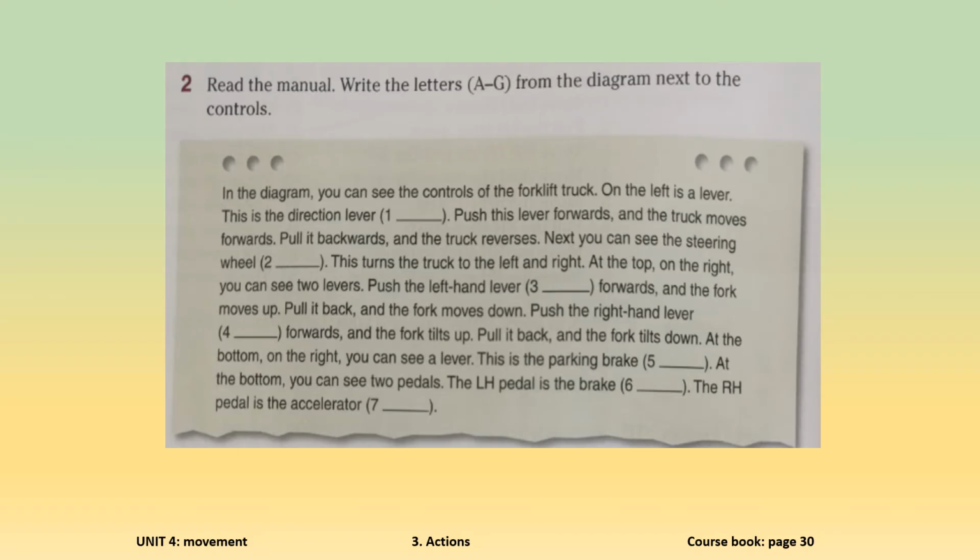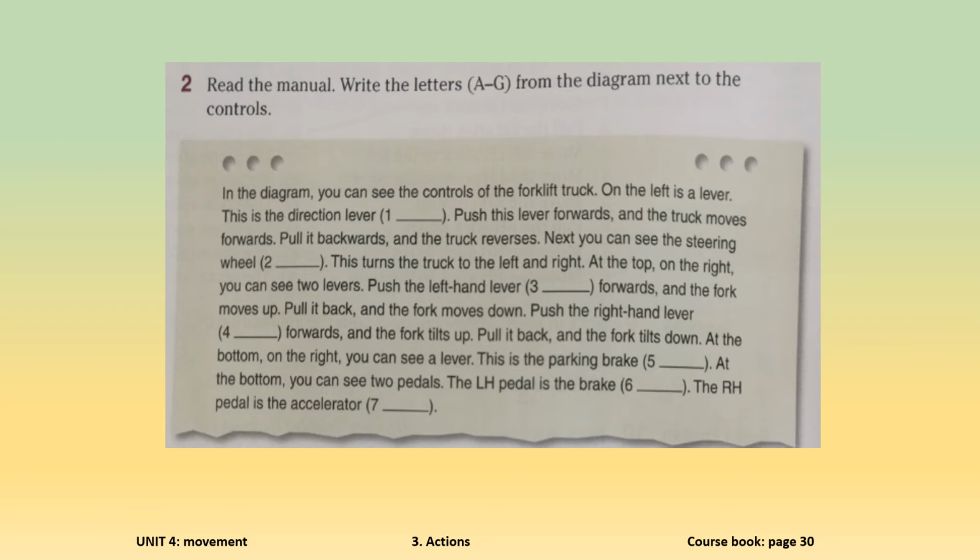Okay, now let's move to the reading part. Exercise 2, read the manual and write the letters A through G from the diagram next to the controls. In the diagram you can see the controls of the forklift truck.